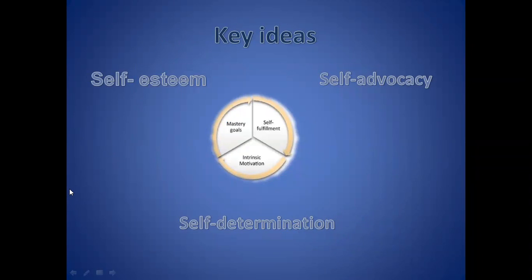Three of the themes that are most important to helping students self-advocate and determine their future are listed on this little circle. It has to do with mastery of goals, self-fulfillment, and intrinsic motivation.